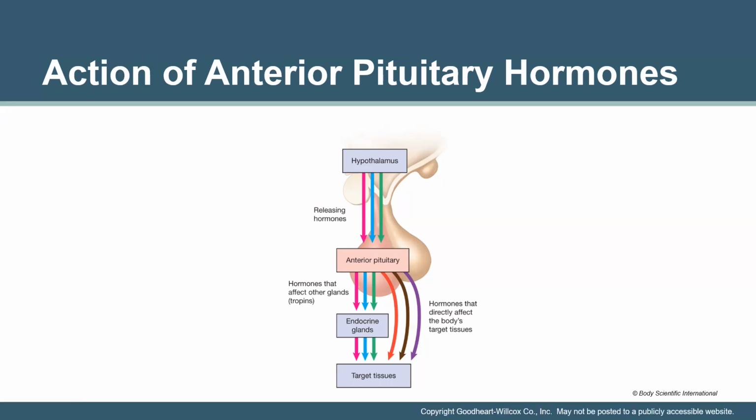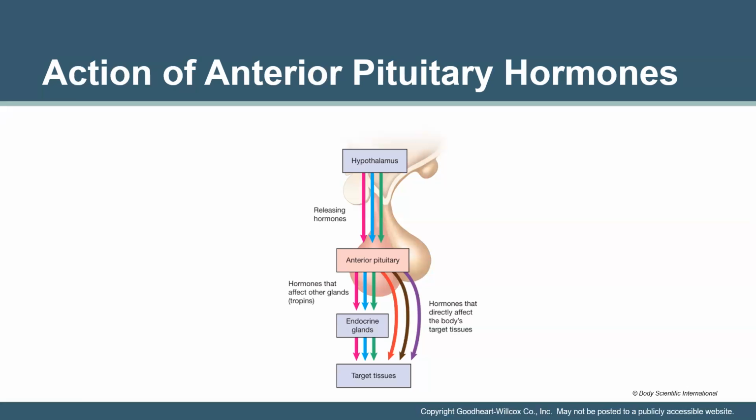So again, the anterior pituitary releases 6 stimulating hormones, and the posterior pituitary releases 2. The 2 of the posterior pituitary, again, are ADH and oxytocin. The 6 of the anterior lobe of the pituitary gland are growth hormone, or GH, prolactin, or PRL, adrenocorticotropic hormone, ACTH.